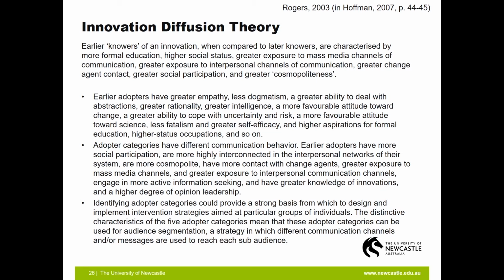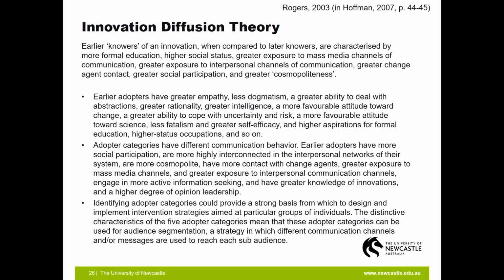So adopter categories, you can see in that second dot point there, are also different in terms of communication behaviour. Earlier adopters are generally more socially active or engaged with their social networks. They're more connected in their networks, probably more central, probably have a combination of strong and weak ties, so they have access not just to people that they're close to and see all the time, but also to wider and more diverse and disparate parts of an organisational network, so they're getting lots of new and novel information coming back to them.